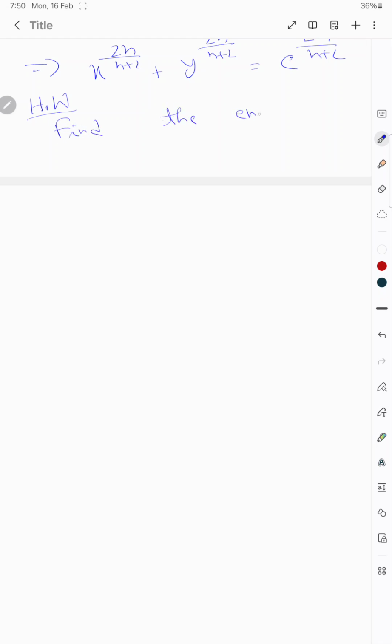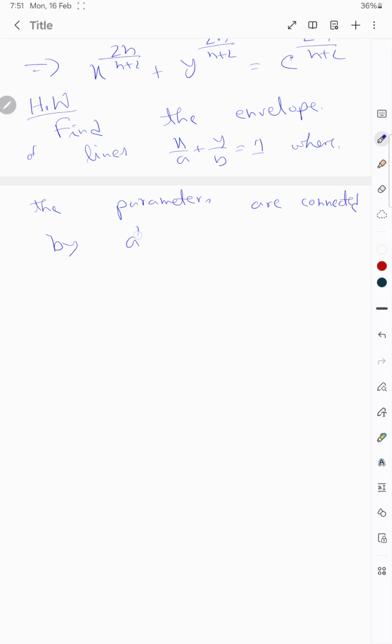Find the envelope of lines x by a plus y by b equal to 1, where the parameters are connected by a square plus b square is equal to c square. Okay, this type of problem. Next example.